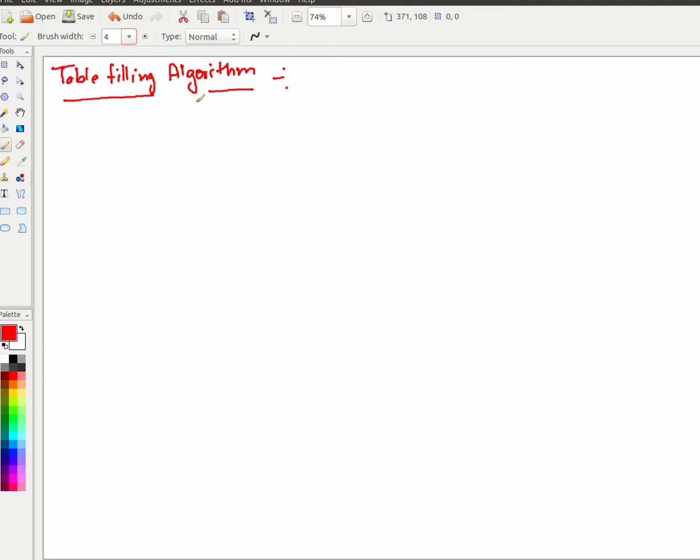So again we will have a base case here, and what is the base case to fill the table? The base case is that if P belongs to F and Q belongs to Q minus F, I think the notations are clear to you, then mark P comma Q as distinguishable.